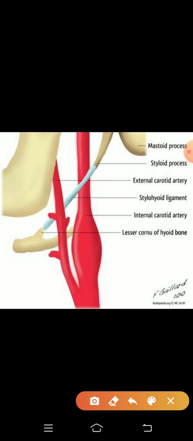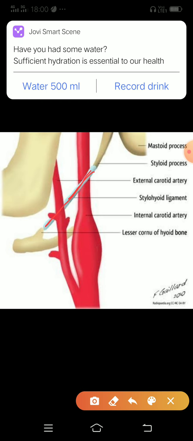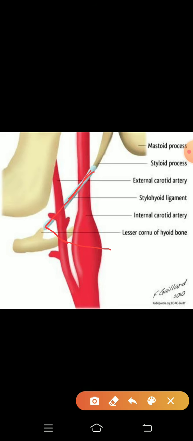This is the stylohyoid ligament. The muscle arises from the lower part of the stylohyoid ligament and from the lesser cornu of the hyoid bone. It also arises from the upper part of the greater cornu of the hyoid bone. So maybe we can just assume it is coming from here, that is the lesser cornu of the hyoid bone, and the styloid process will be like here maybe, and also from here. So this is the muscle.